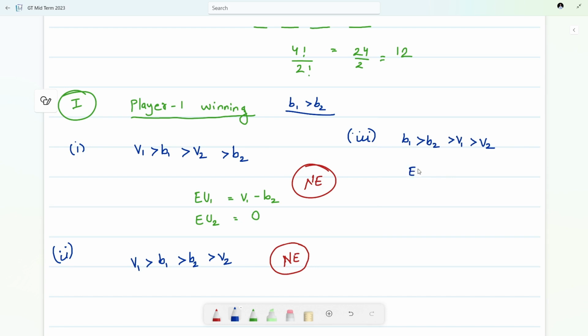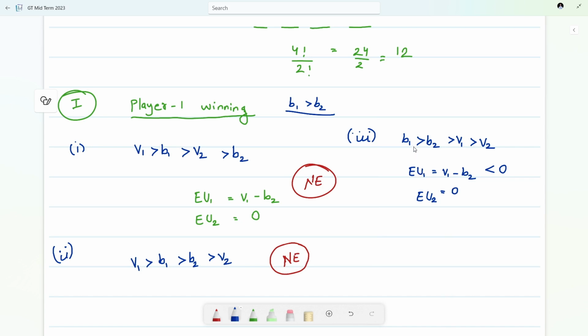Here, expected utility for player 1 will be V1 minus B2. Because B2 is greater than V1, this will become negative. And expected utility of player 2 will be what? Since he is not winning the game, right now it will be 0.